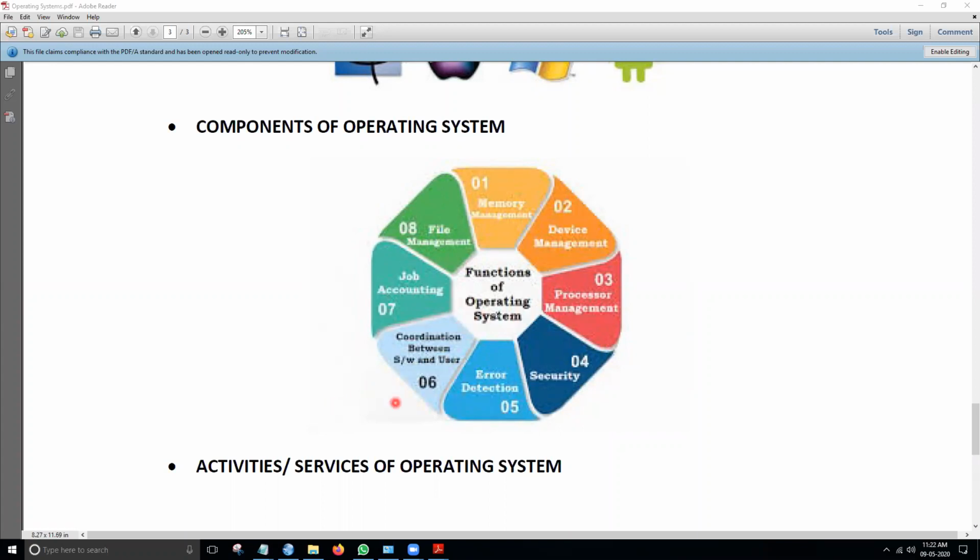And now coordination between the software and the users. That means whether the user's demand can be fulfilled by your processor or not. I give a very simple example: say you have a simple operating system which is not compatible with some other applications.